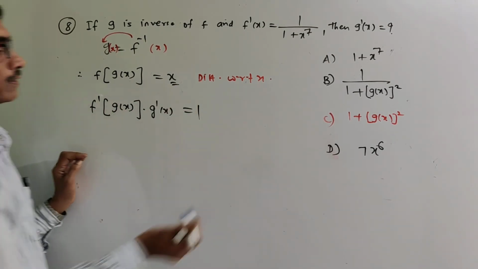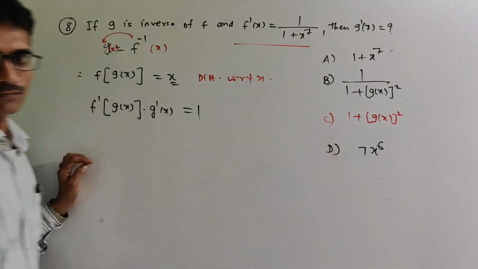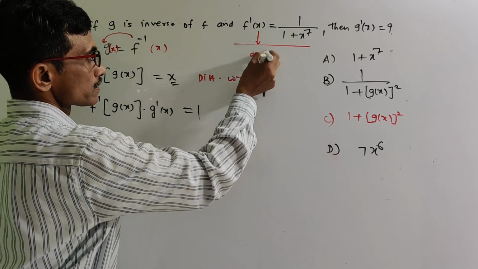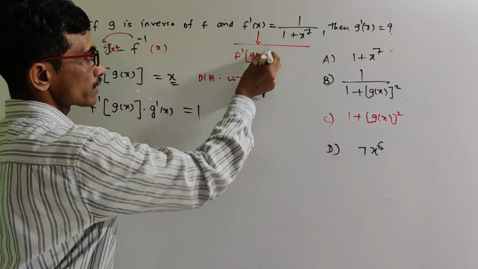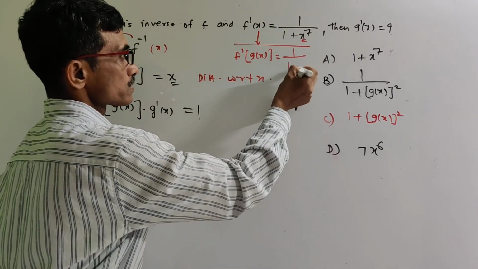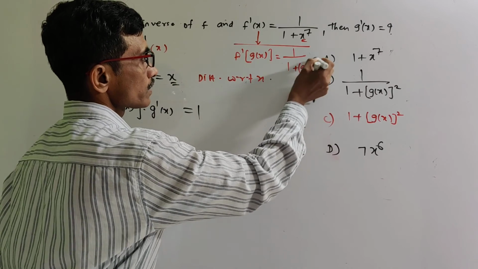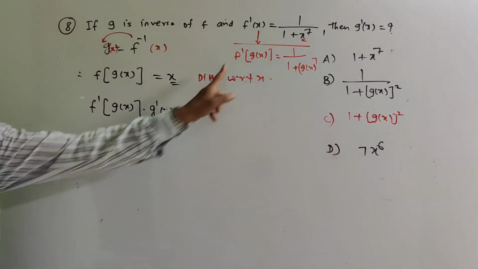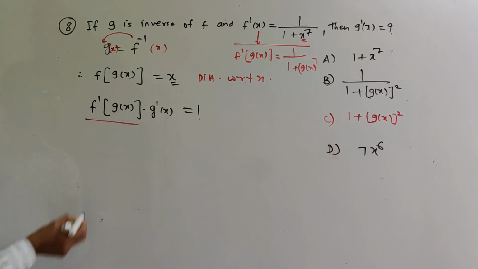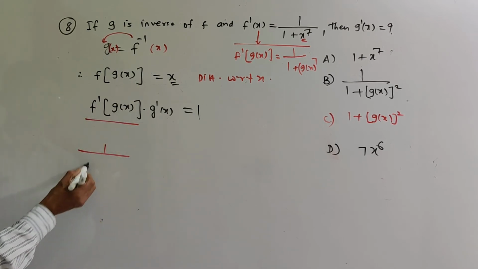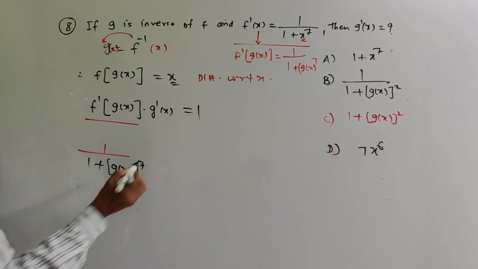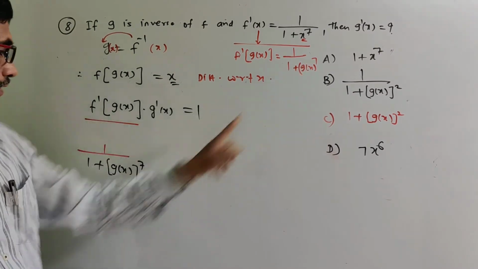Now what is given here? f dash of x is 1 upon 1 plus x raised to power 7. So if you replace x by g of x, then f dash of g of x is equal to 1 upon 1 plus g of x whole raised to power 7.